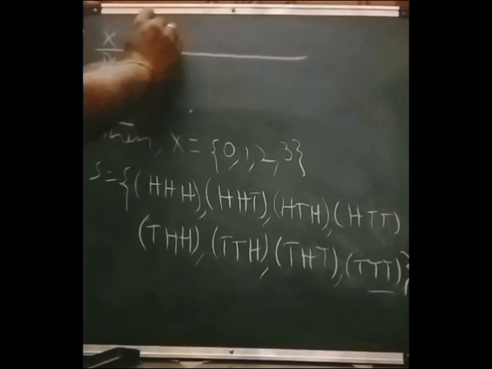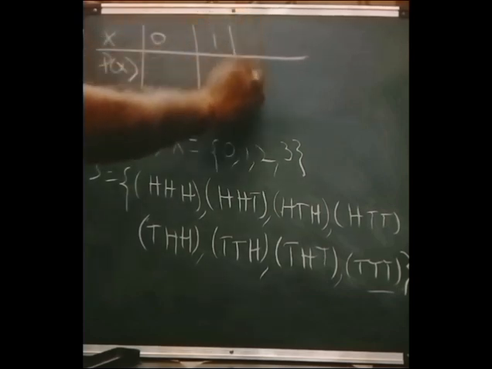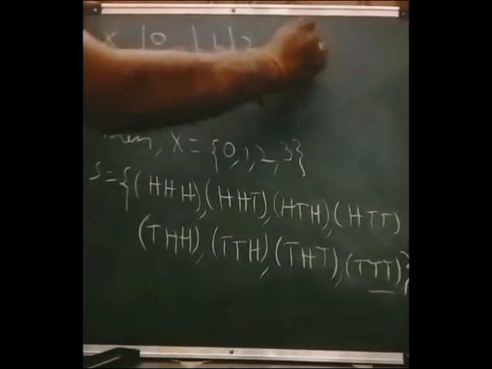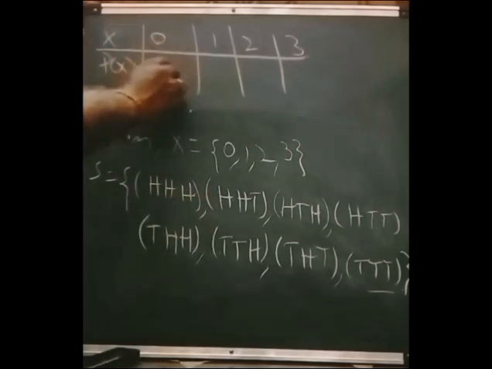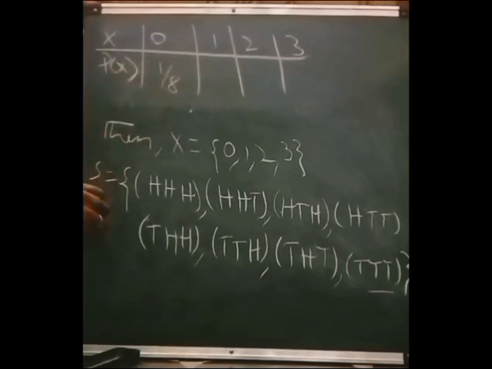So x may be 0, 1, 2, 3, and the corresponding probability for x equal to 0 is 1 by 8, as the favorable case is 1, getting no heads, out of 8.